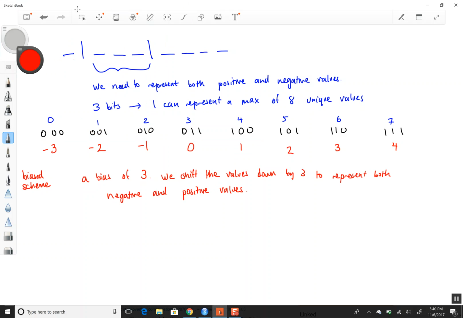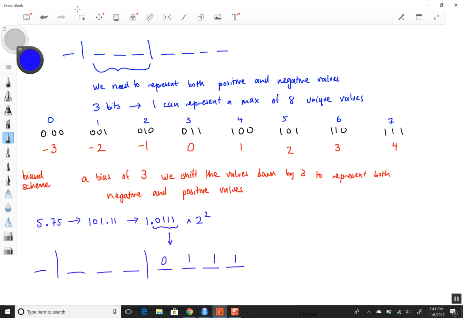So going back, what we had before was 5.75. This became 101.11, which became 1.0111 times 2 to the 2. In our mini floating point system, the mantissa comes down right here, 0, 1, 1, 1. It's positive, so we have a 0 here.